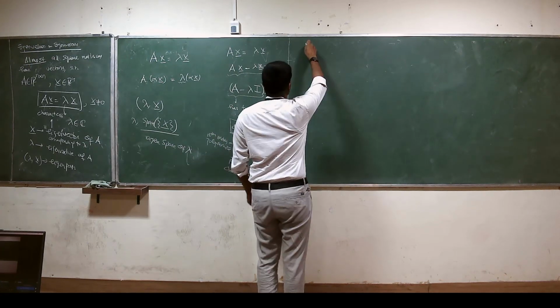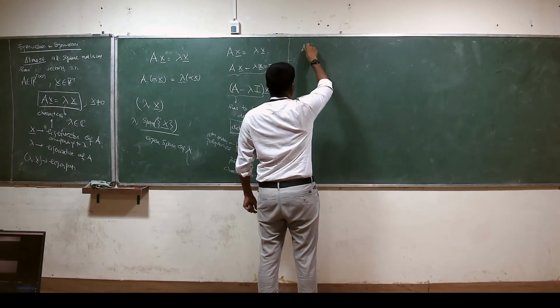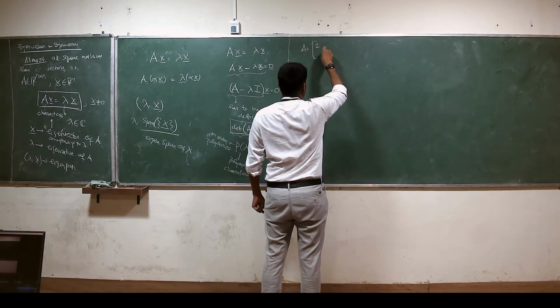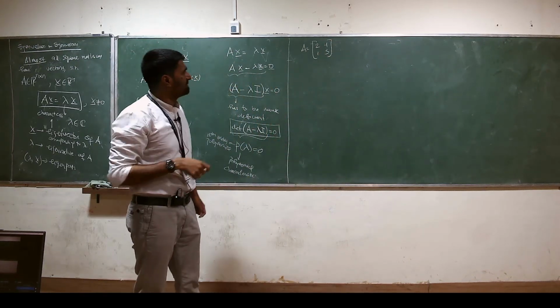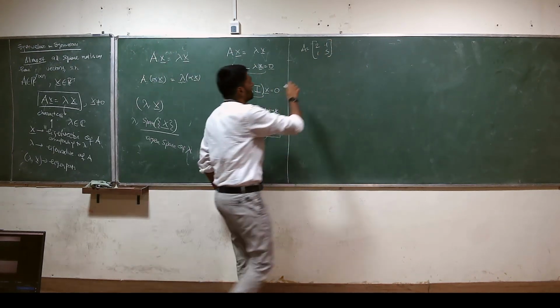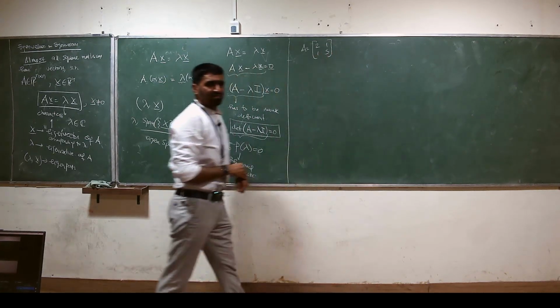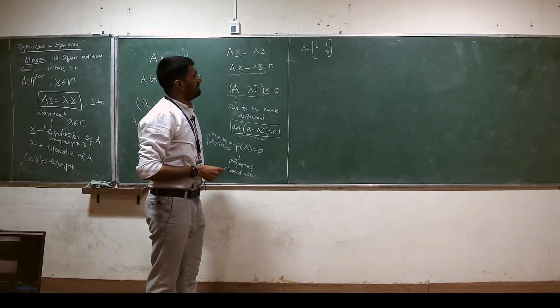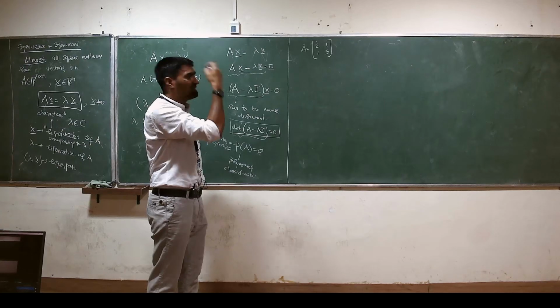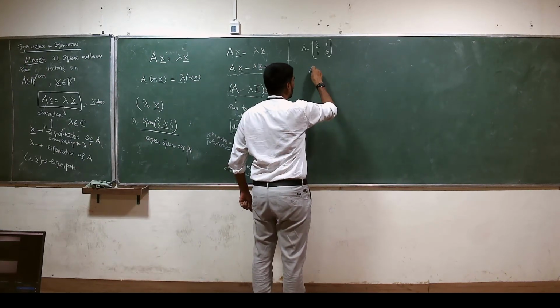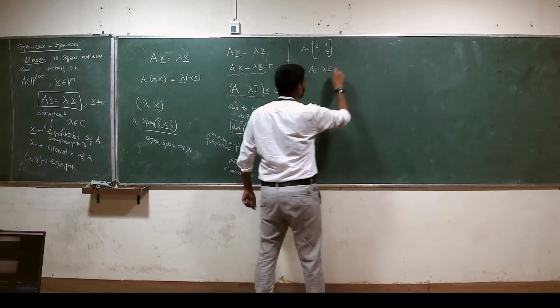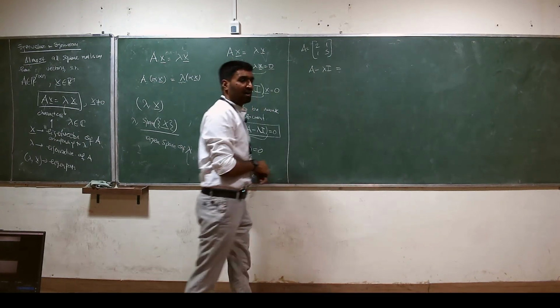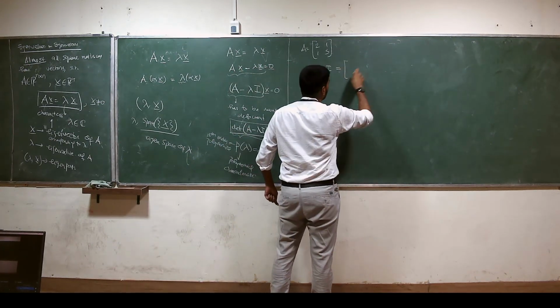Okay, let's do one example. If we want to find the eigenvalues of this matrix, we first form the matrix A minus lambda I. What will that matrix be?